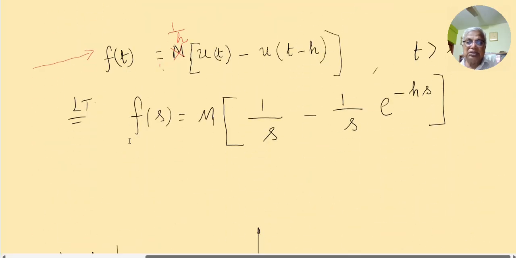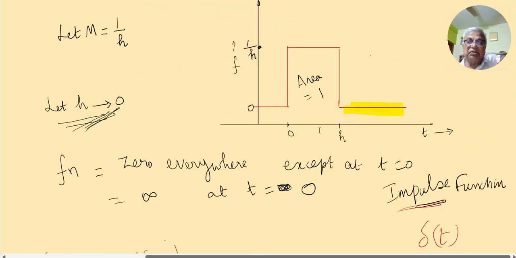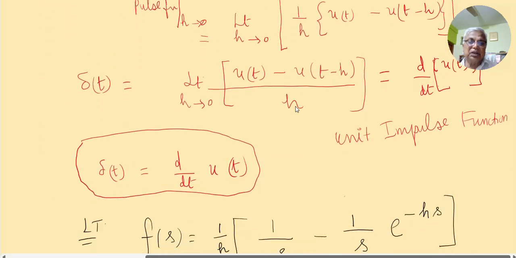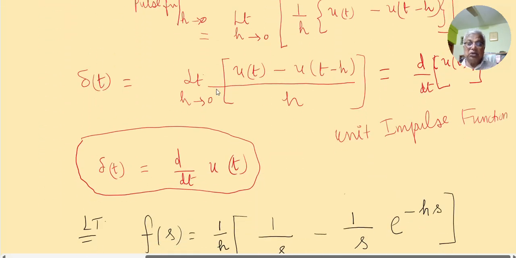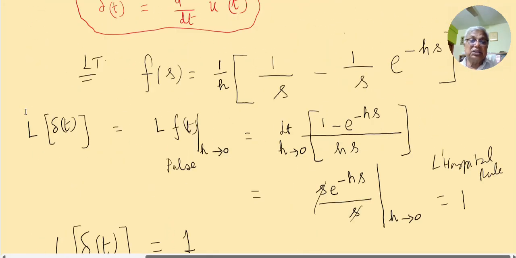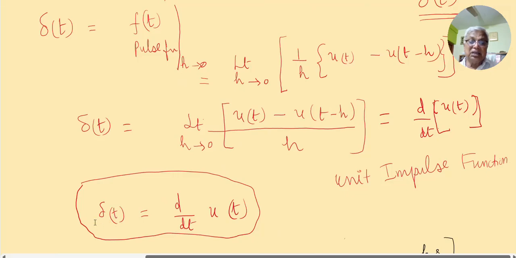What is an impulse function? It's a function which is 0 everywhere except at t equal to 0, and at t equal to 0 it is infinite, which is known as the unit impulse function. That impulse function can be considered the same as the pulse function in the limit h tending to 0, which means the impulse function can be considered as a derivative of the step function.